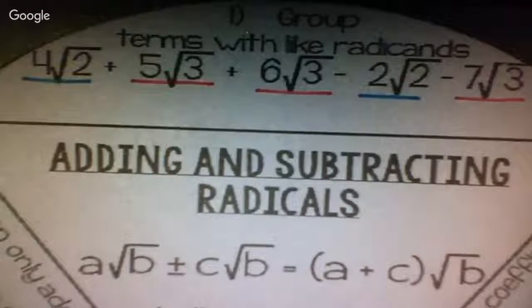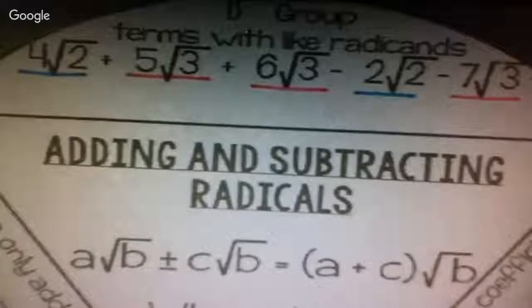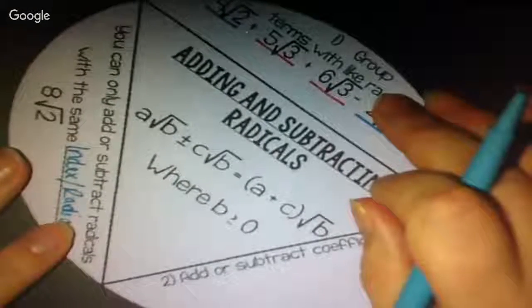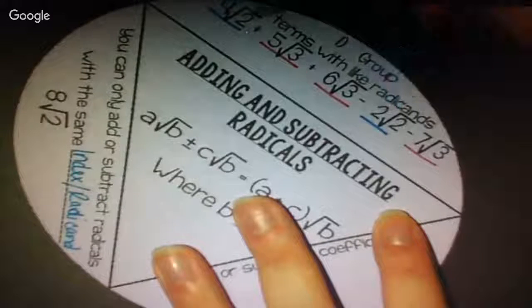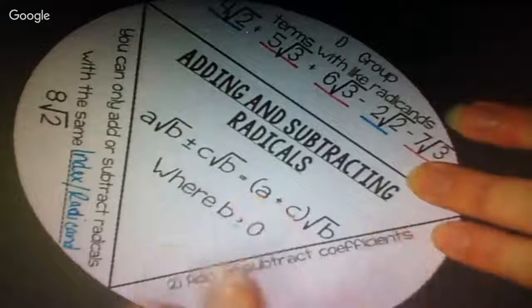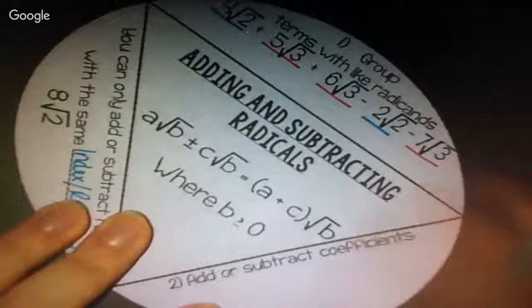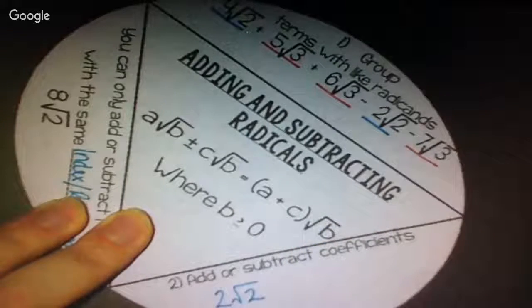Okay. So we now need to take that and finish it off in number 2. Number 2 says add or subtract the coefficients. So we said that these two go together. So we've got 4 and -2, which gives me 2. And keep your square root of 2.